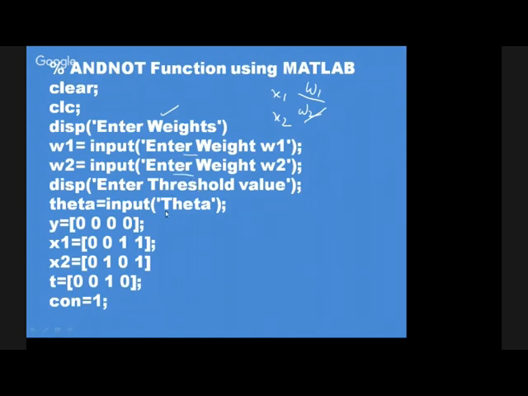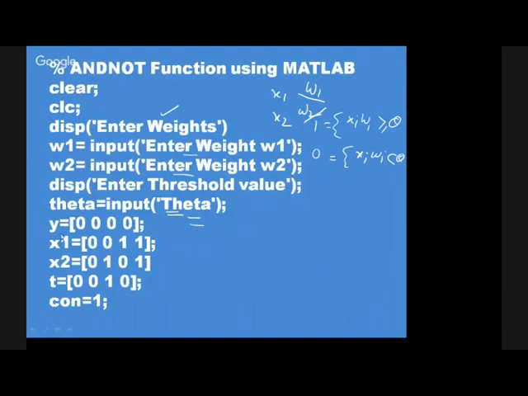Next we are giving the threshold value theta. As you know, the summation of xi into wi, if it is greater than or equal to theta, then the output will be 1, and it will be 0 if the summation of xi wi is less than theta. So we take the threshold value as theta.